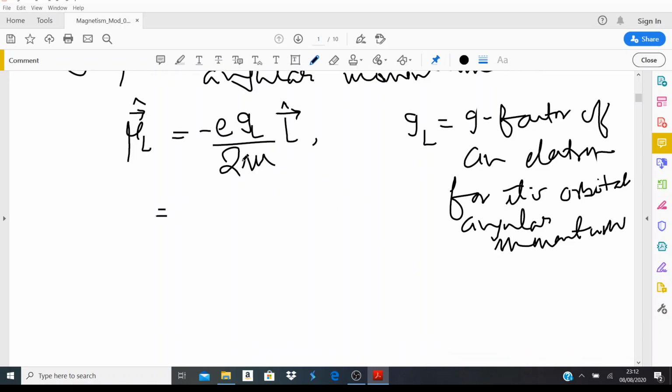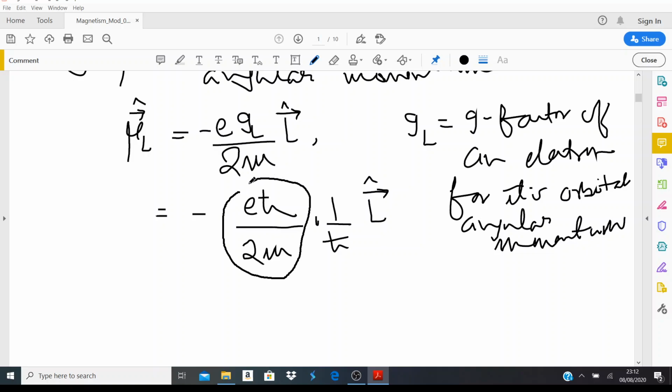But now I want to manipulate this expression to bring it in standard form. I can introduce a factor of h bar in this problem, so I'm just writing it in such a way that this h bar appears, because this, if you recall from our previous lecture, is the Bohr magneton of an electron, right? And we also have some factor of G L here.